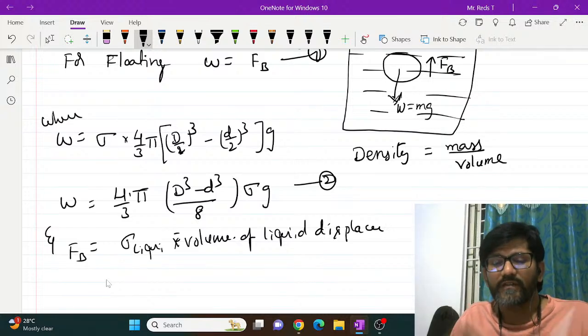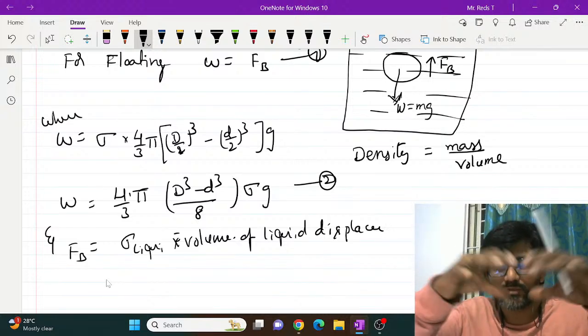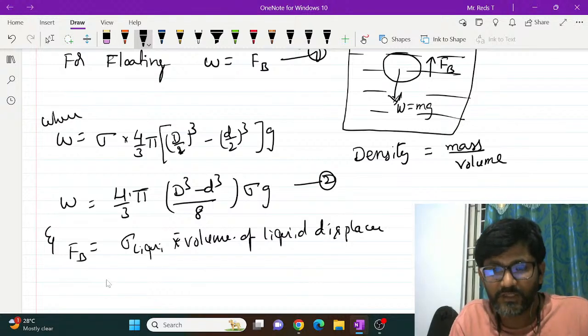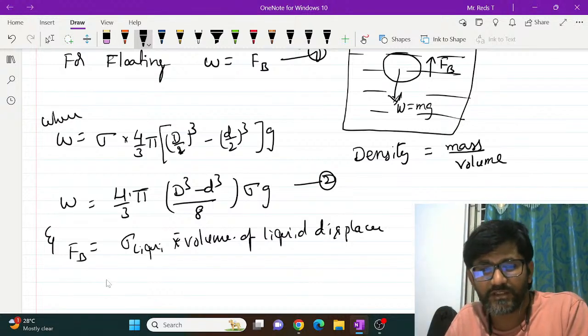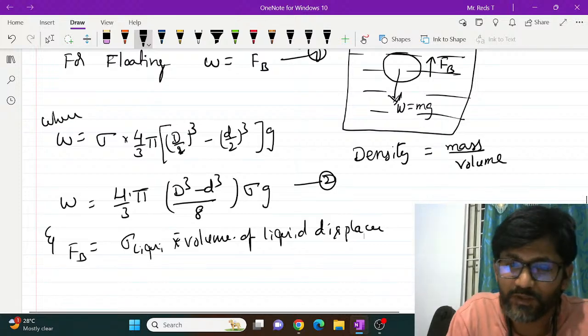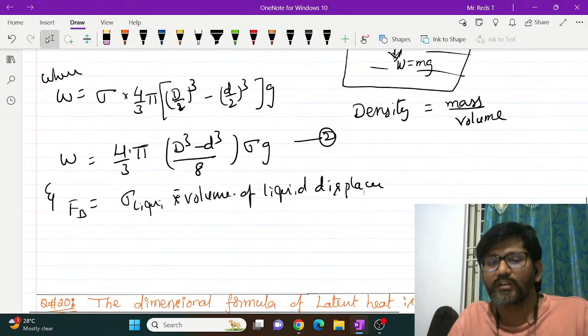Even though it is having a cavity inside, whatever volume of the sphere is immersed, that much volume of the liquid will be displaced.